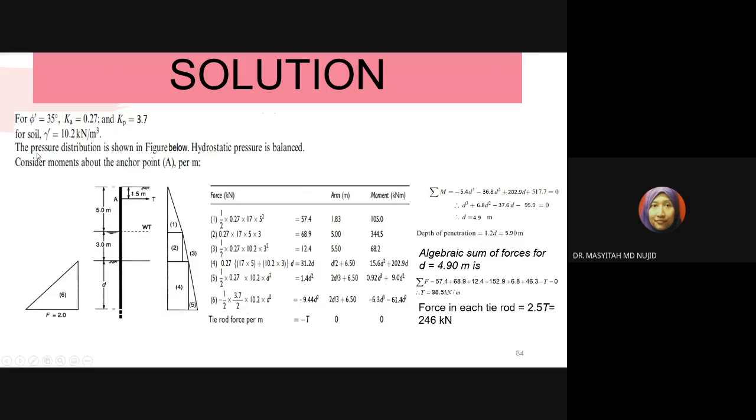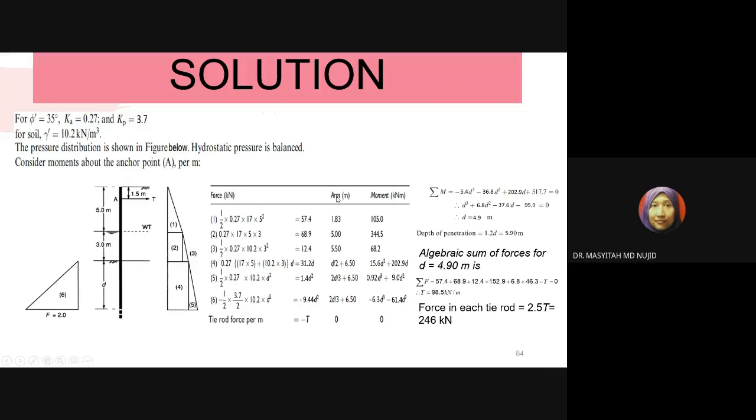Again you have to calculate the active coefficient and also the passive coefficient, 0.27 and 3.7, and again 1, 2, 3, 4, 5, and 6 are the pressure diagrams in front of the wall and back of the wall respectively. By taking the area of the diagram for all 6, you can have these equations.